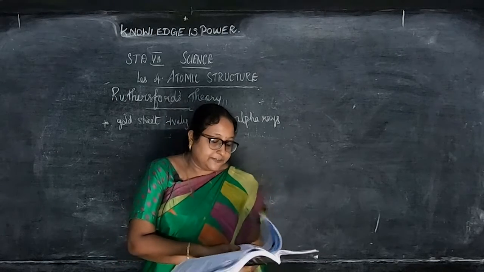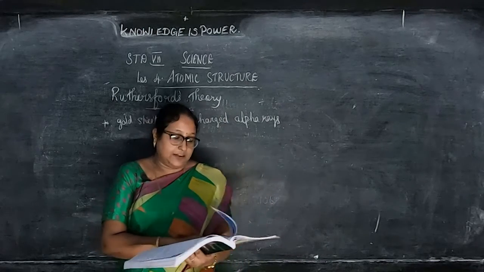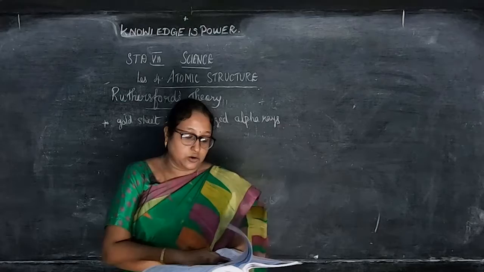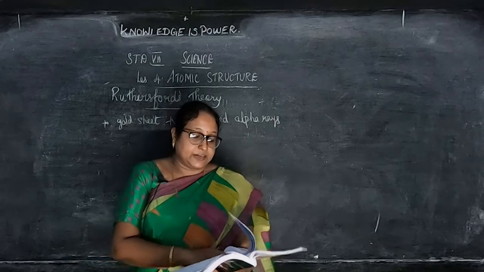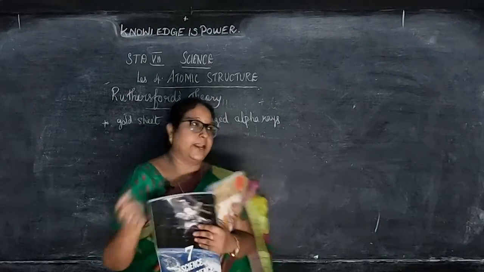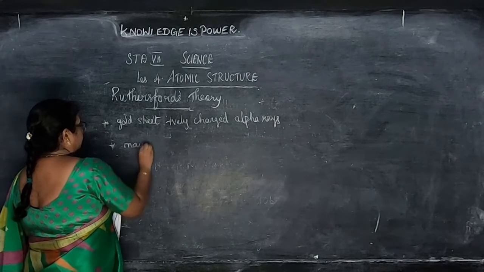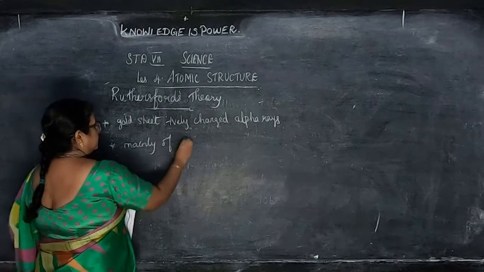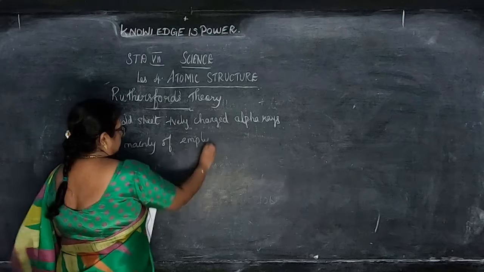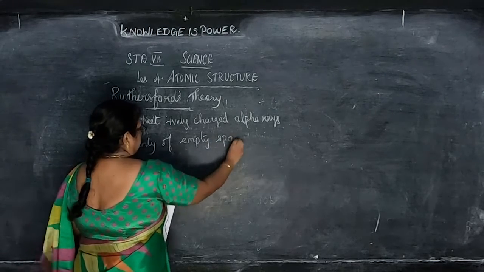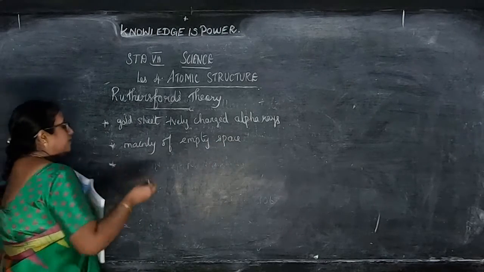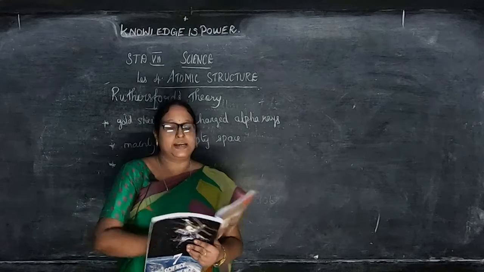The fact that most alpha particles pass through the gold sheet means that the atom consists mainly of empty space. Okay children, when these rays pass, we can find that the atom has mainly empty space.